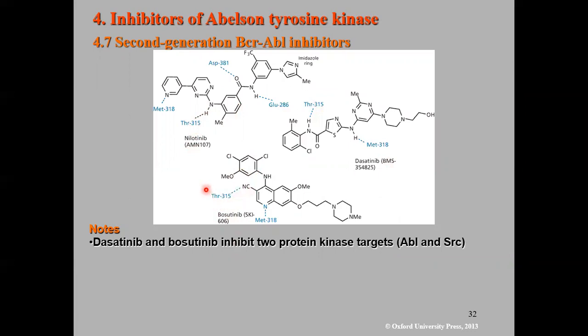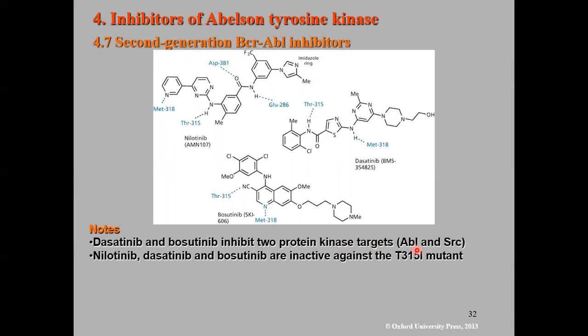So you need that interaction, which means if this threonine mutated to isoleucine, as we saw earlier, you will lose this interaction. So one way to overcome the resistance is to make inhibitors that inhibit two protein kinase targets, ABL and SRC, just like in dasatinib and bosutinib.